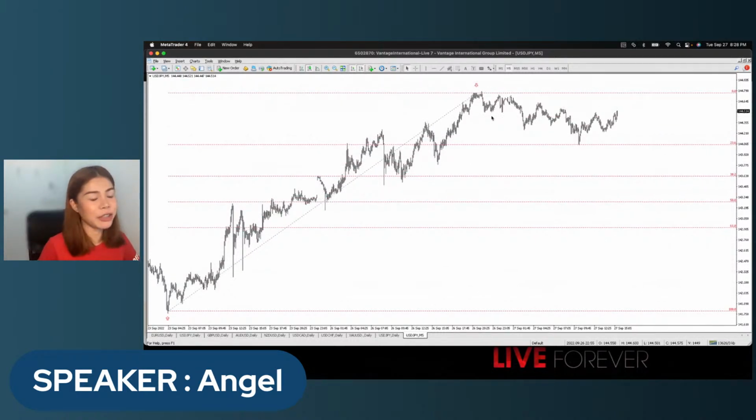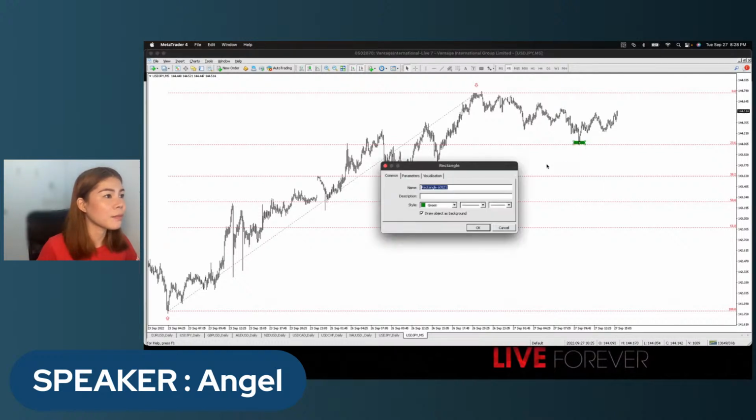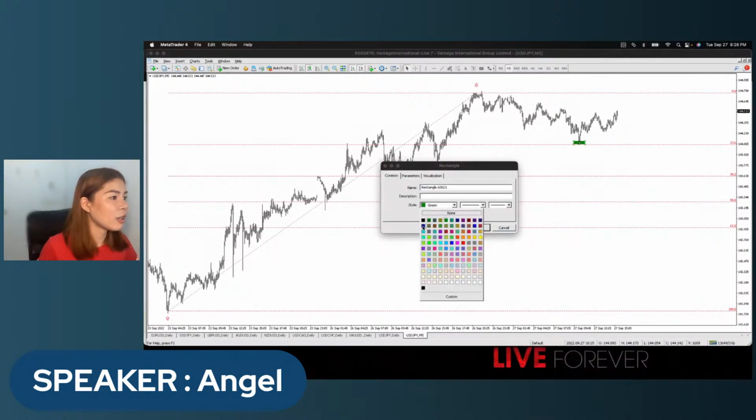But let's check first. This is an uptrend. And as you can see, where did the price stop? Here. It respected that 23.6 Fibonacci level. Very good, huh? So, assuming that you bought over here, let's change color.